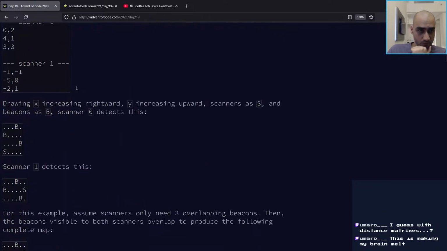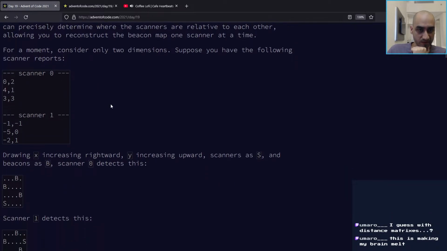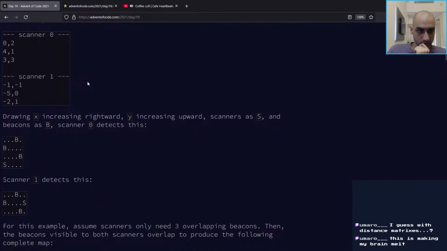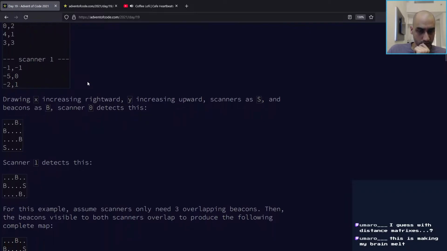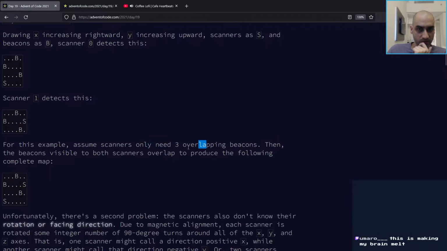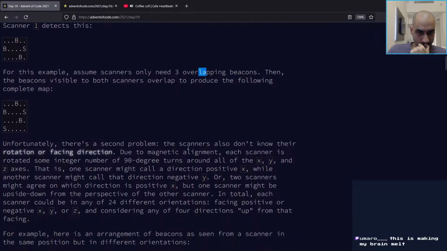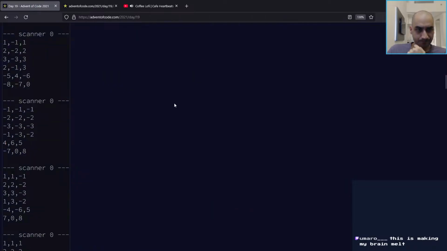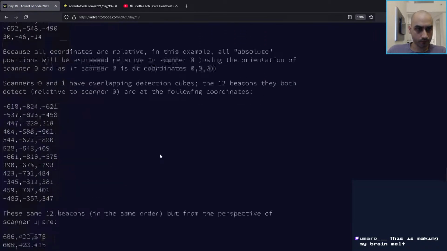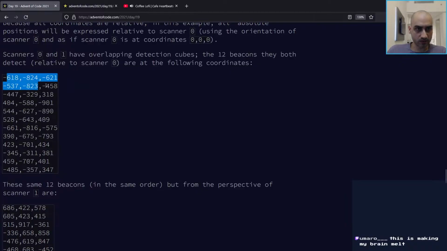These examples don't... Right, if we go back to the simplest 2D example, assume scanners only need 3 overlapping beacons. Hang on, so... Yeah, still, these don't appear.